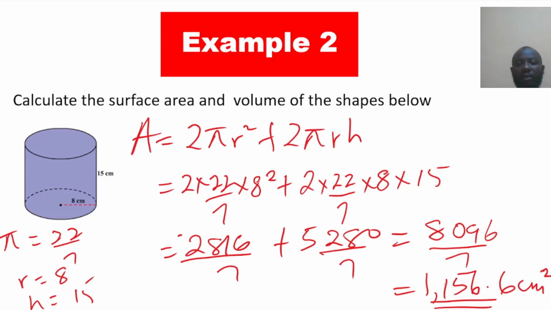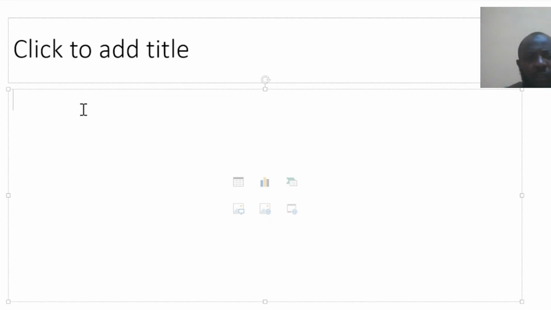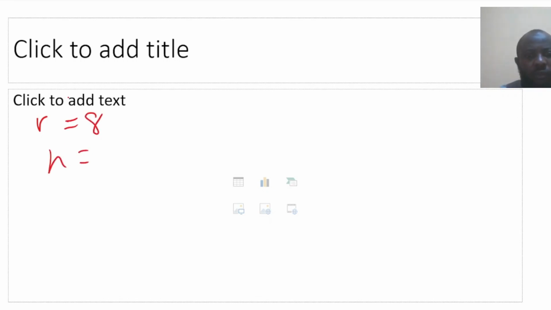Then for its volume, we're going to calculate its volume here. The radius is equal to 8, the height is equal to 15.